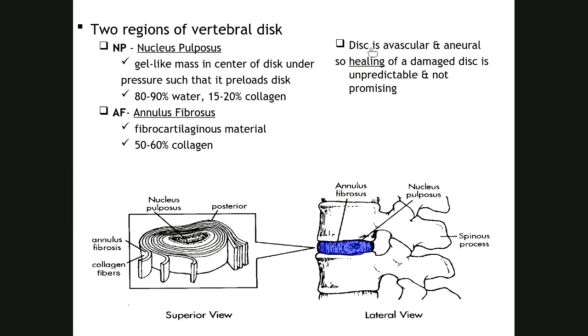It's not promising. Somebody with a herniated disc may get some relief from therapy, but then they do a motion that is out of the ordinary, or a motion that pushes that nucleus pulposus back to where it was, and all of a sudden they get their symptoms back again.